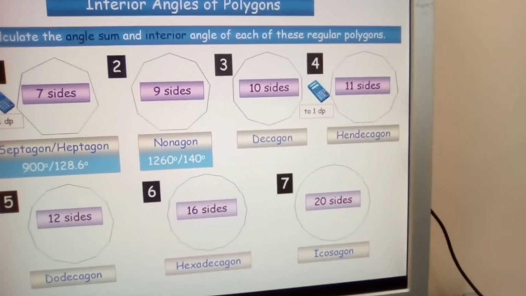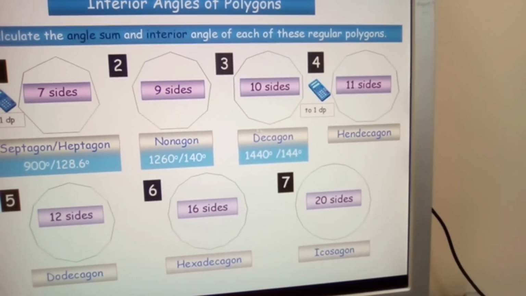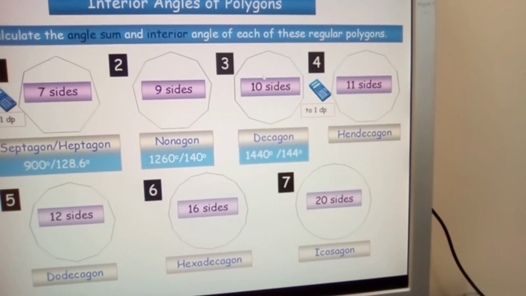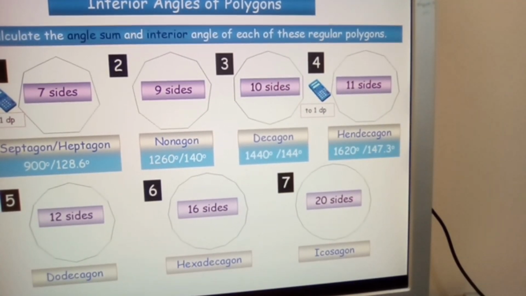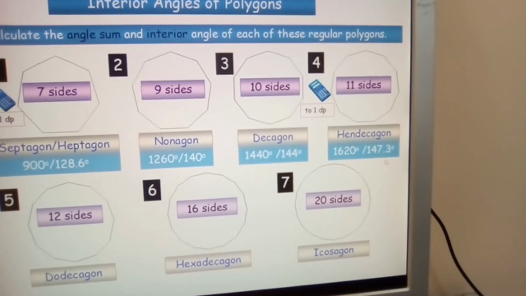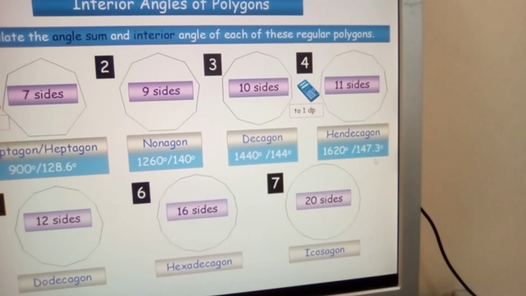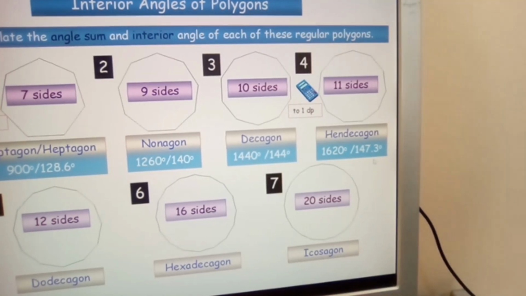Let me be precise, or try to be at least. 1440 degrees divided by 10 gives you 144 degrees. 1620 degrees divided by 11 gives you 147.3 degrees. That would be for each triangle.